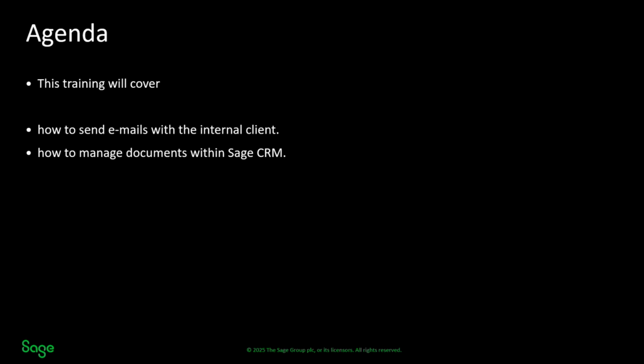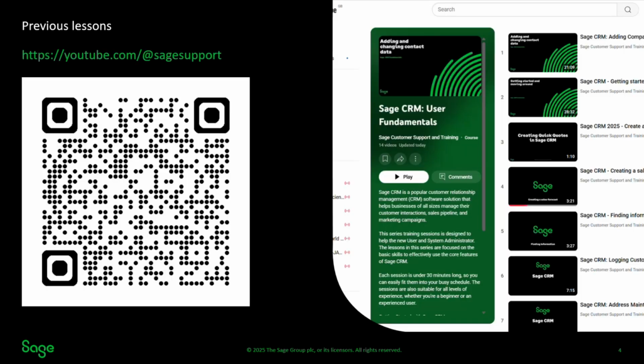It is going to refer to other lessons within the cycle of 10 lessons that we've been covering during our Sage CRM Fundamentals course, but it will also look at things like the setup and administration courses, which are already recorded and available on the Sage Support and Training YouTube channel.